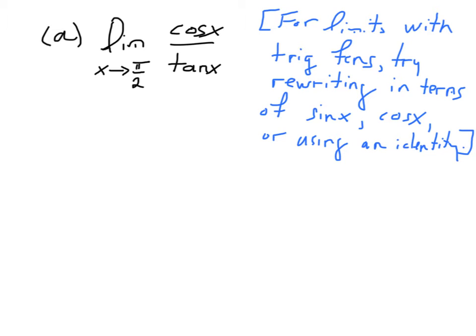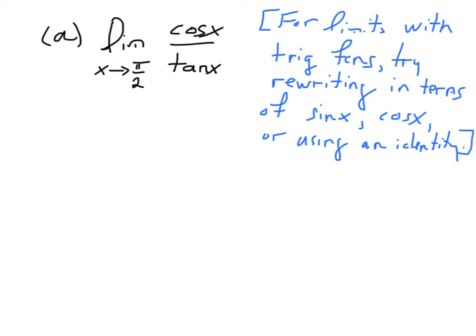So in fact, this function isn't defined at pi by 2, but maybe you're not able to see that right away. So what we'll do is rewrite tan x in terms of sine x and cos x, which is to say we'll write tan x as sine x over cosine of x.